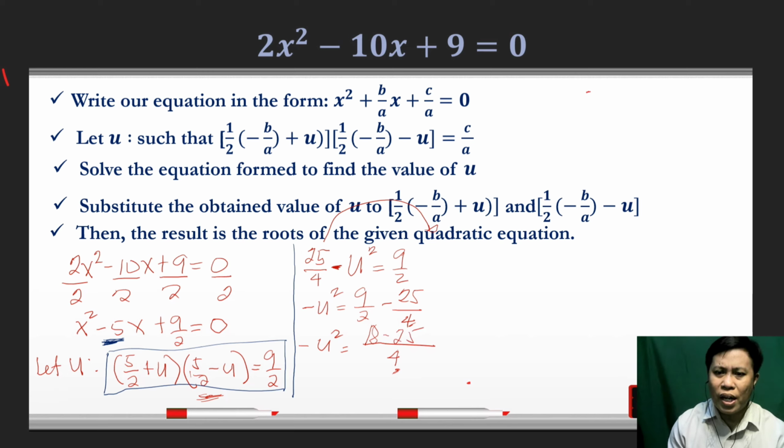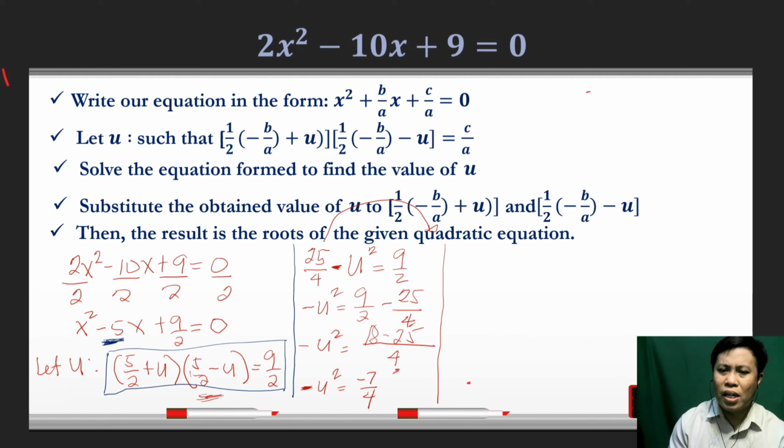Okay, so you have now negative u squared equals 18 minus 27 is negative 7 over 4. Then to remove the negative coefficient of u squared, you can multiply both sides by negative 1 or divide both sides by negative 1.